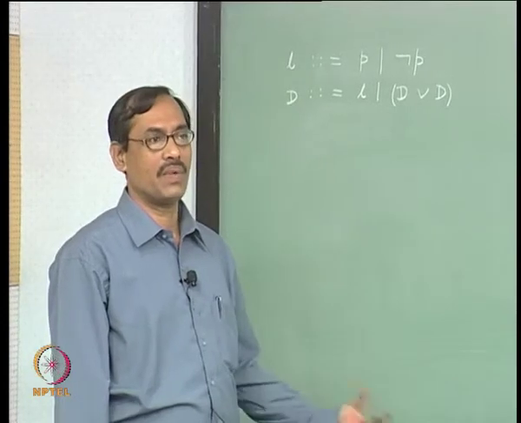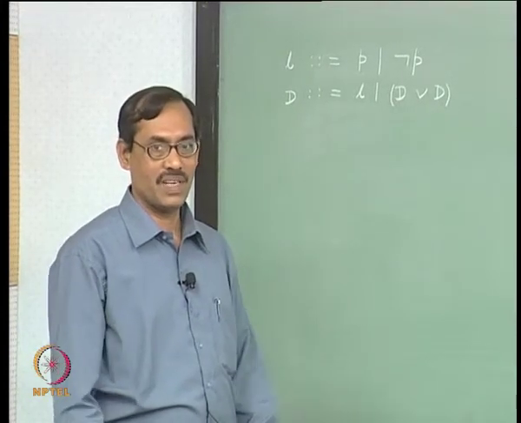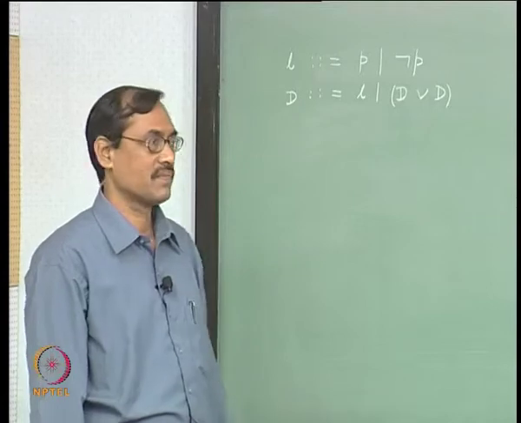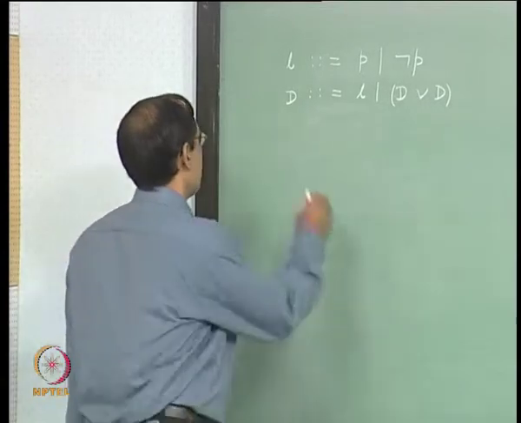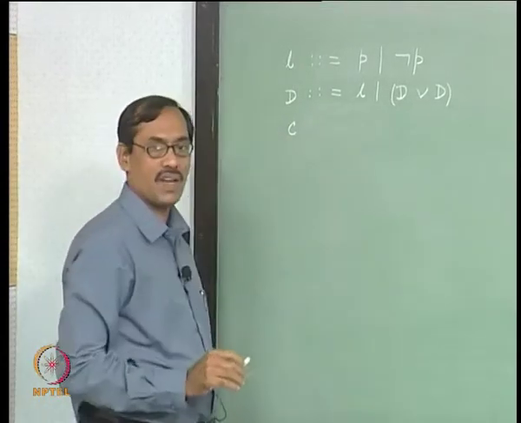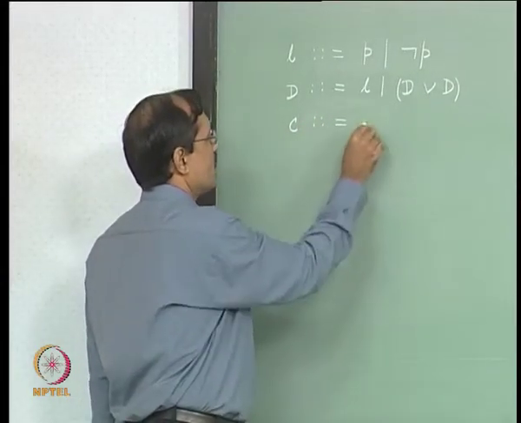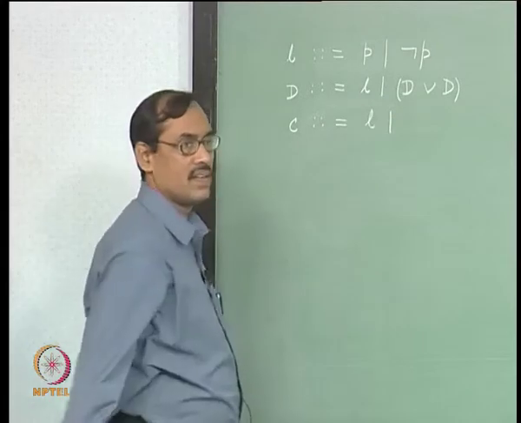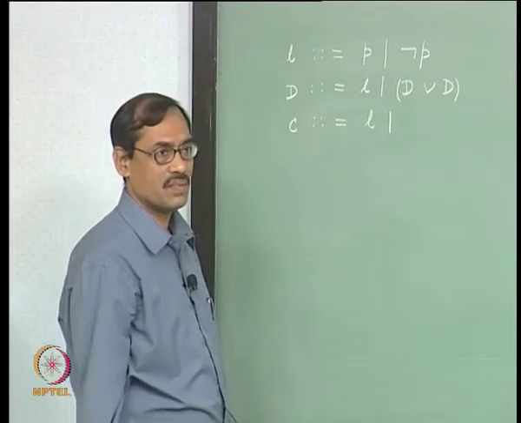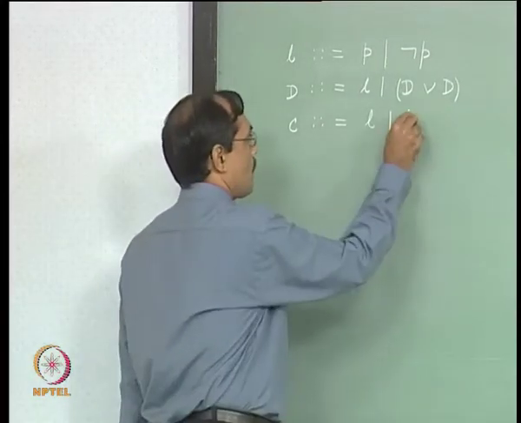Because once it will be combined with other clauses, you need parenthesis. Similarly, a conjunctive clause can be either a literal or it can be conjunction of two other conjunctive clauses.